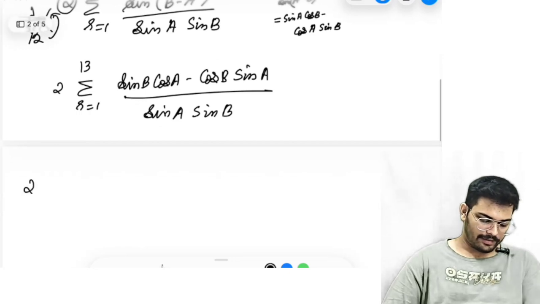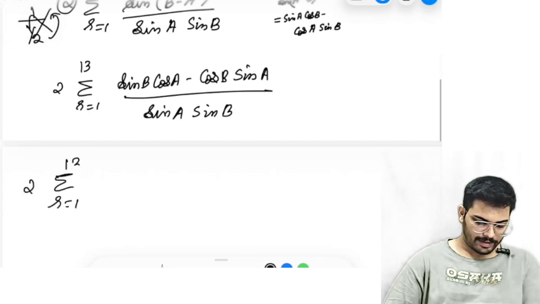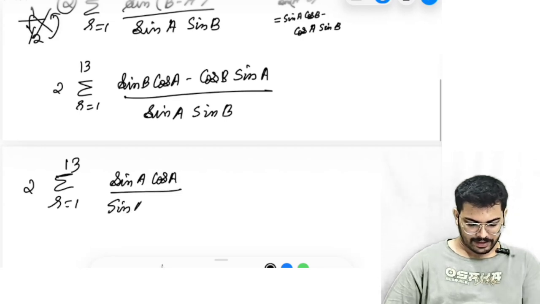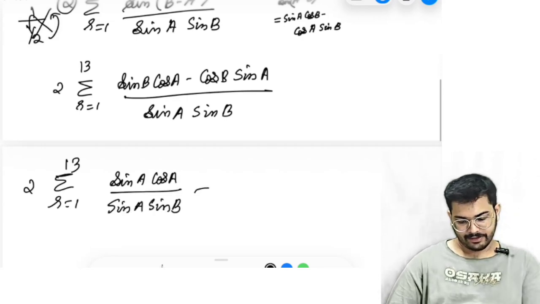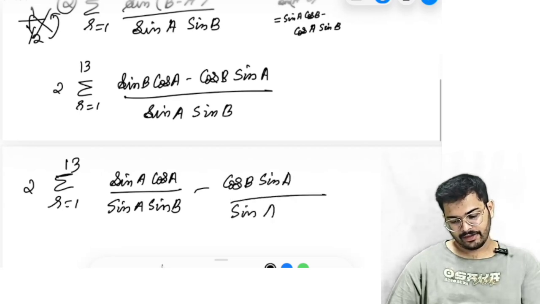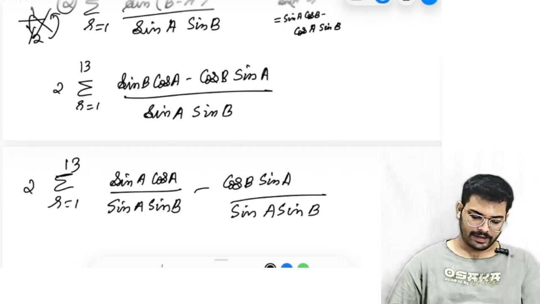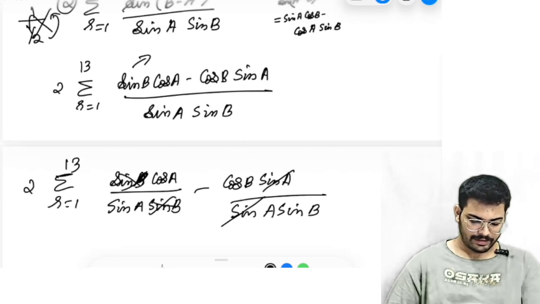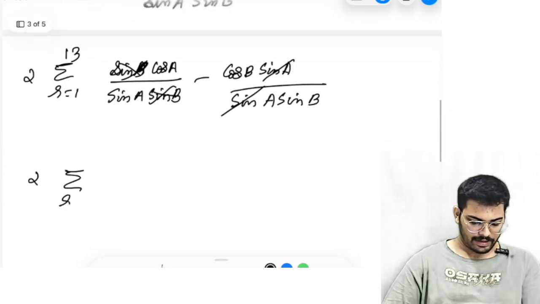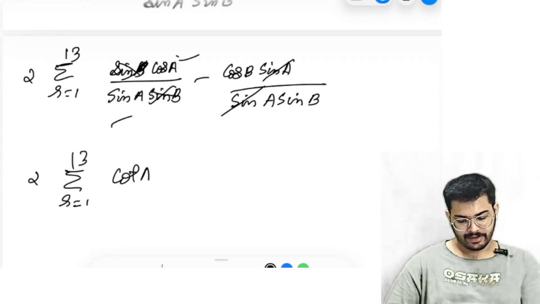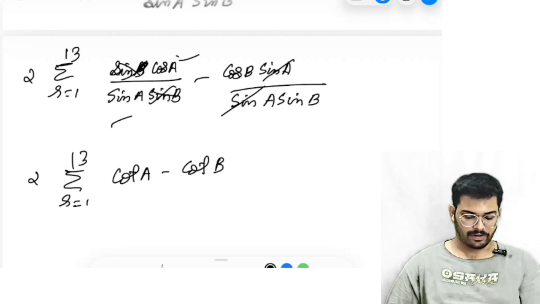Now splitting this value, it becomes sine b cos a divided by sine a sine b minus cos b sine a divided by sine a sine b. Here sine b cancels, and sine a cancels. So you will get 2 into sigma r varies from 1 to 13 of cot a minus cot b.